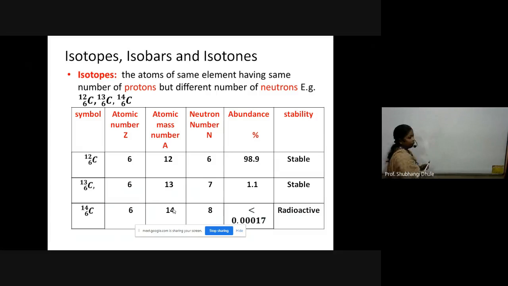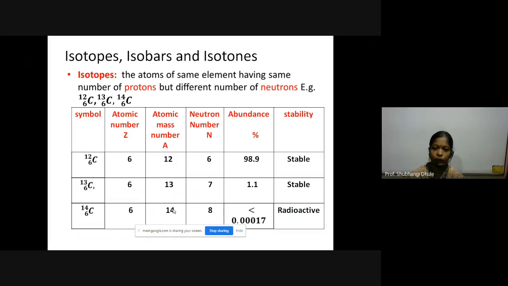Deuterium contains one proton, one electron, and one neutron, so the mass number becomes 2. Tritium contains one proton and two neutrons, so the mass number becomes 3.